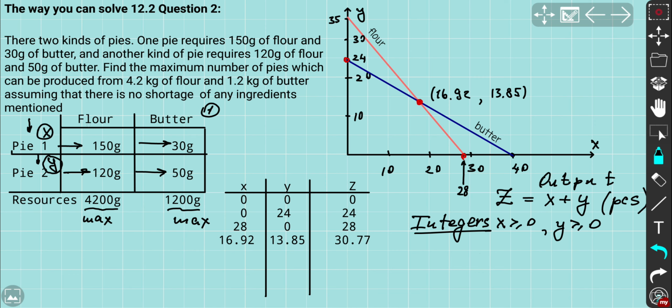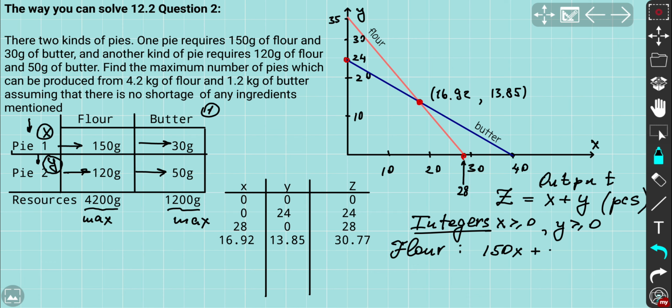So we've got flour, 150 grams per pie 1 and 120 grams per pie 2. So if we have x and y together, let's consider consumption of flour. For flour, we have 150x, that's the total consumption of flour per x units of pie 1.